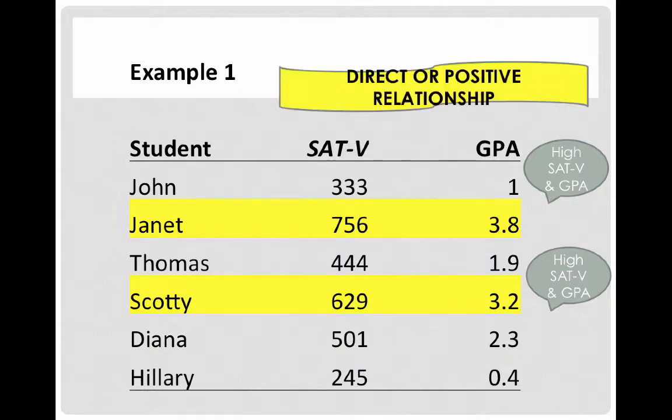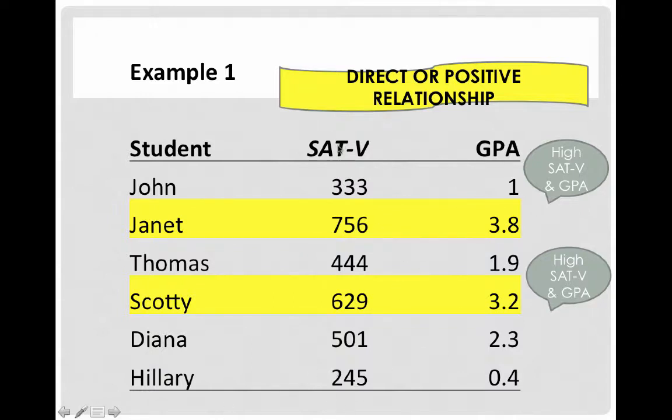Likewise, the two who scored the lowest on the SAT verbal had the lowest GPAs. So that's saying that there is a direct or positive relationship. In a direct relationship, those who score high on one variable tend to score high on another variable.